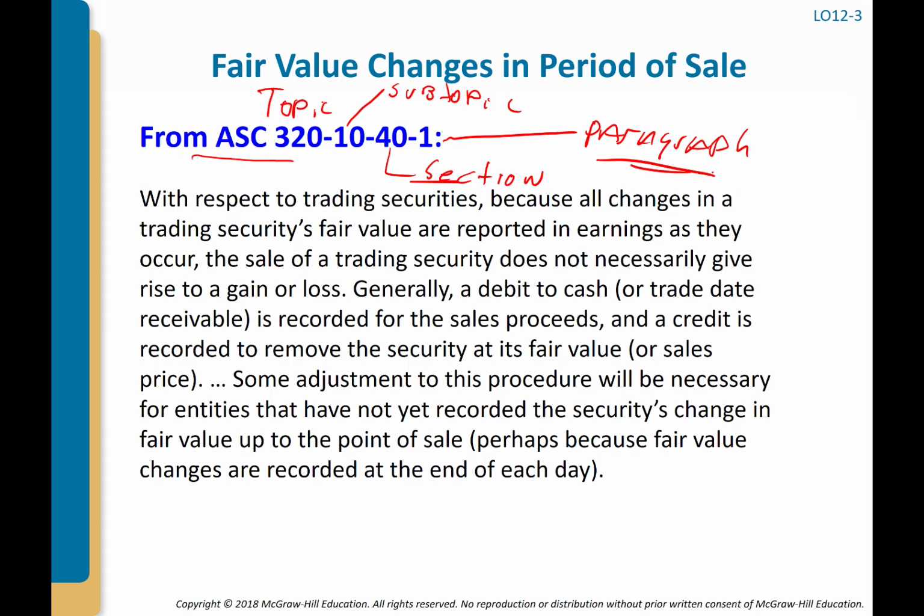And what this is telling us here is that we do not have to mark this item to market every period. So we should, but we're going to see that the gains are going to be included in our net income.